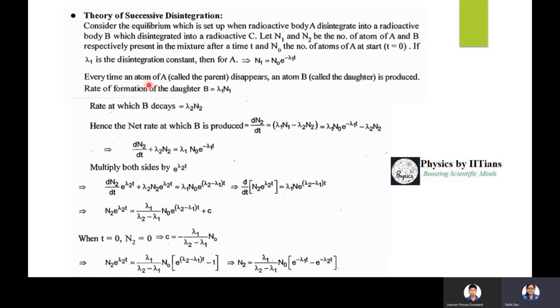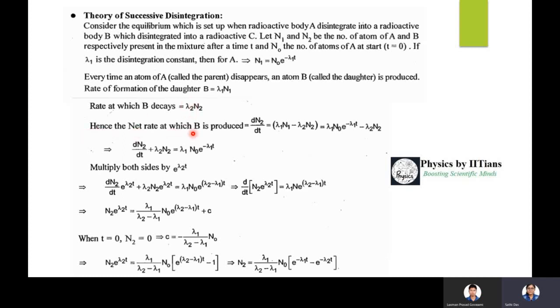For every atom of A, the parent atom, that disappears, it gives birth to an atom of B, the daughter. So the rate of formation of B equals lambda 1 into N1. Now the rate at which B decays is lambda 2 into N2, where we have assumed that the disintegration constant for B is lambda 2.